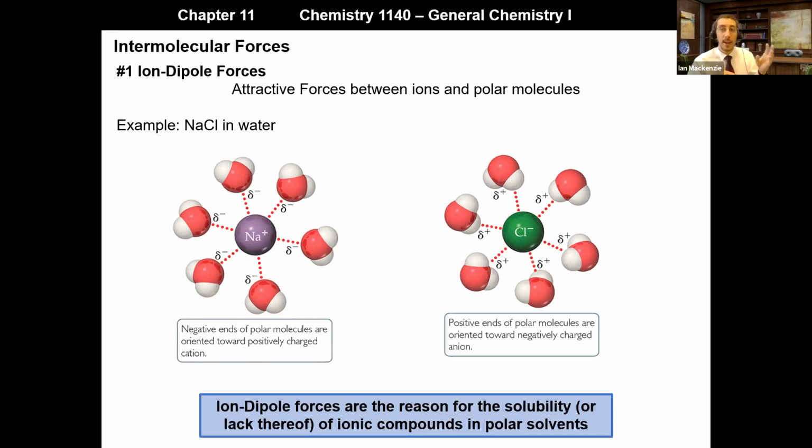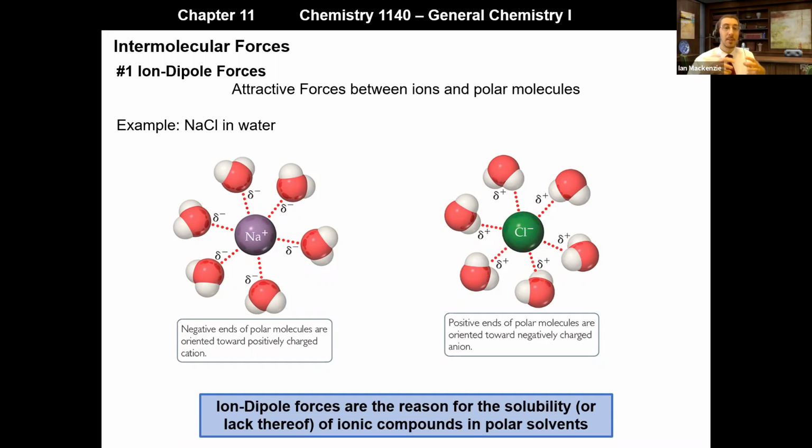So if the energy that you gain from these attractive ion dipole interactions is greater than the energy of the ionic bonds, then the compound will be able to dissolve because they have enough energy to break those ionic bonds, which are simply an electrostatic attraction themselves, and you'll be able to dissolve the ions into the solvent.